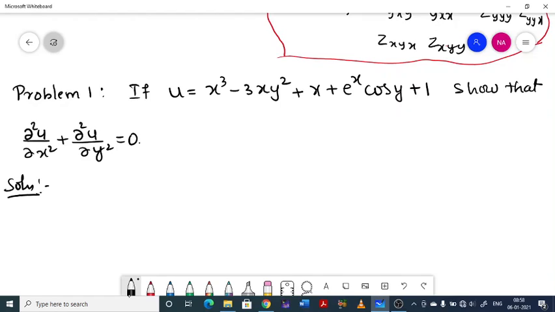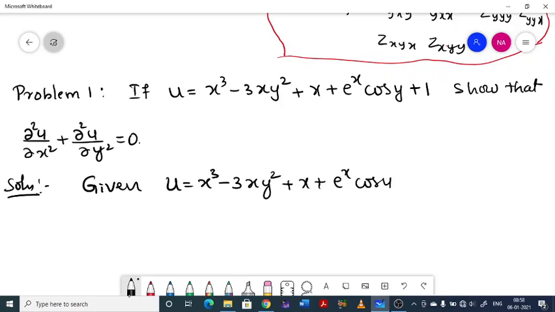What do we have to do? First, write down the given thing. Given u equals x cube minus 3xy square plus x plus e power x cos y plus 1. That is the given function. Forget about the equal to 0 for now.